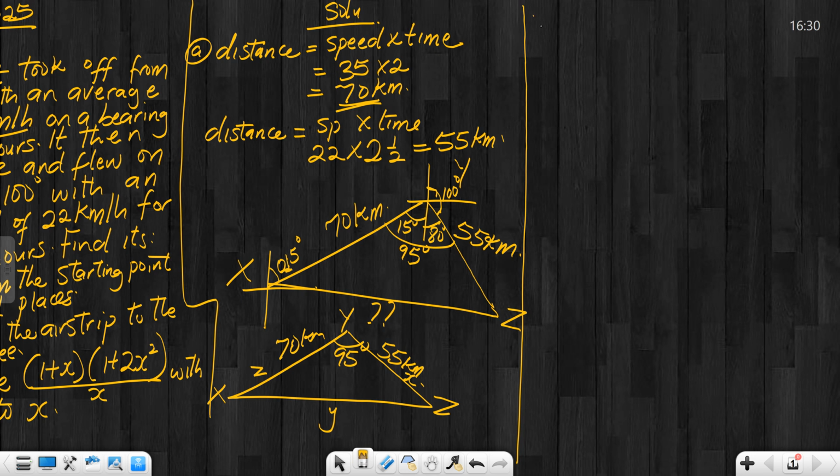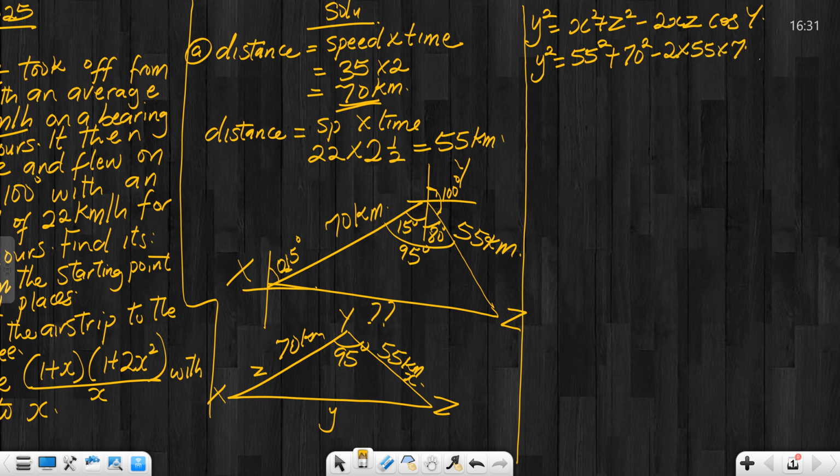Now the rule says what? y squared equals x squared plus z squared minus 2xz cos Y. So here I'm going to have y squared equals small x, which is 55 squared, plus 70 squared, minus 2 times 55 times 70, then cos 95 degrees.